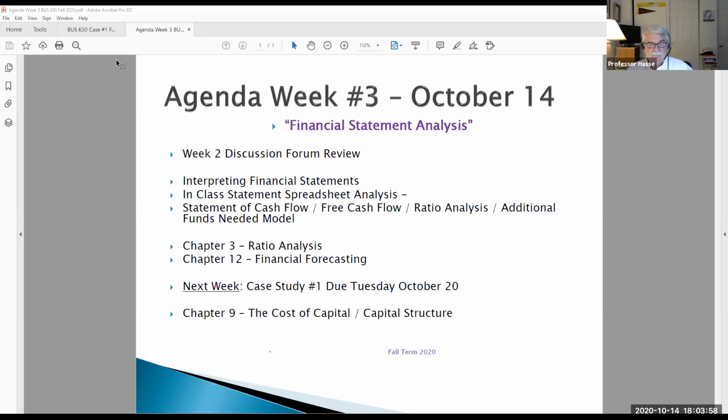So we'll talk about that a little bit later. Last week we talked about present value, risk and return, looking into the future for determining what value is being produced by those future returns in the present value of today.